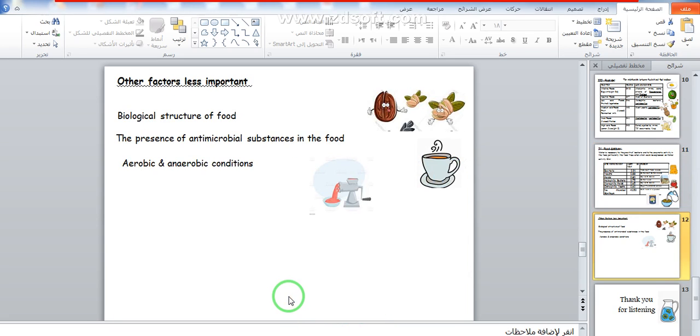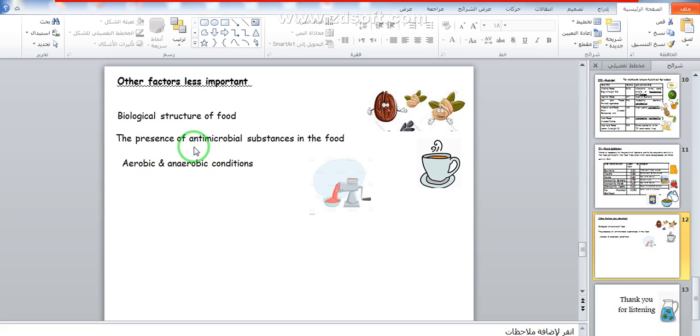There are other factors, less important, but they affect the microbial spoilage of the food. I'll list only some of them. The biological structure of the food: when the food has a hard cover, it will be more resistant to microbial spoilage.